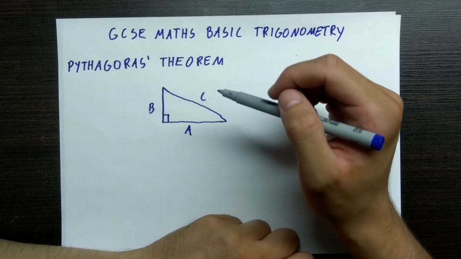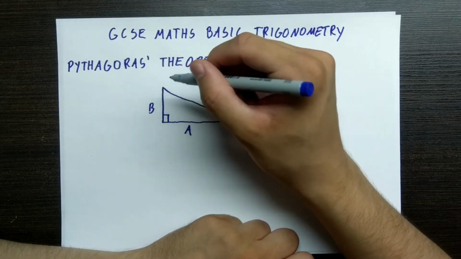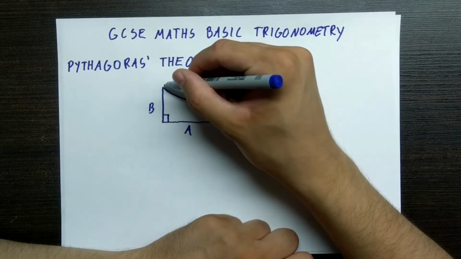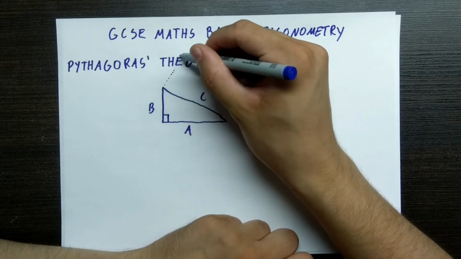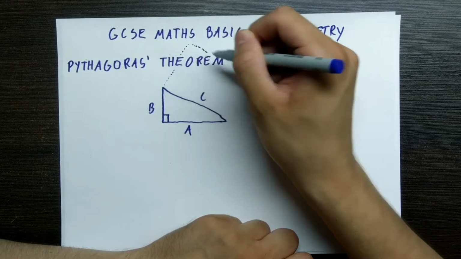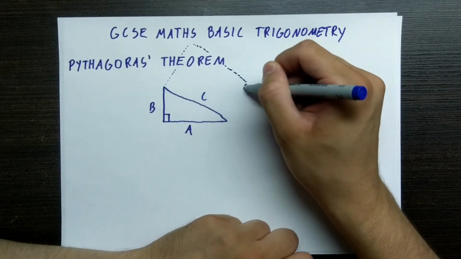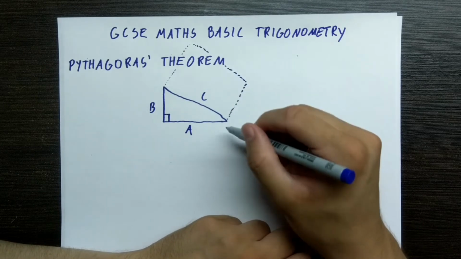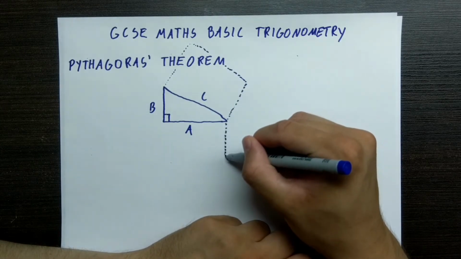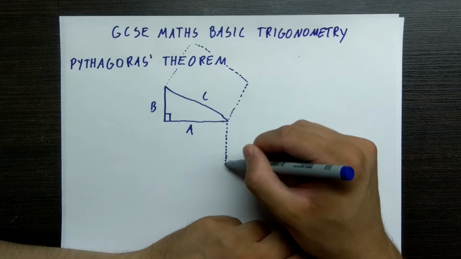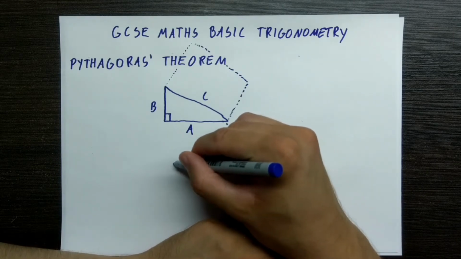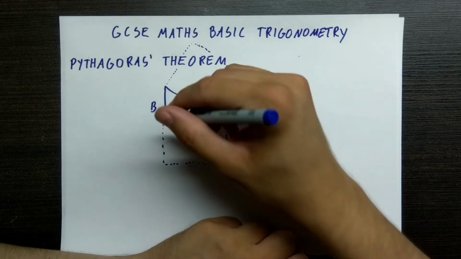Now, if you were to make squares out of these sides, something like this. I know these are not perfect squares, but just to show you the point.